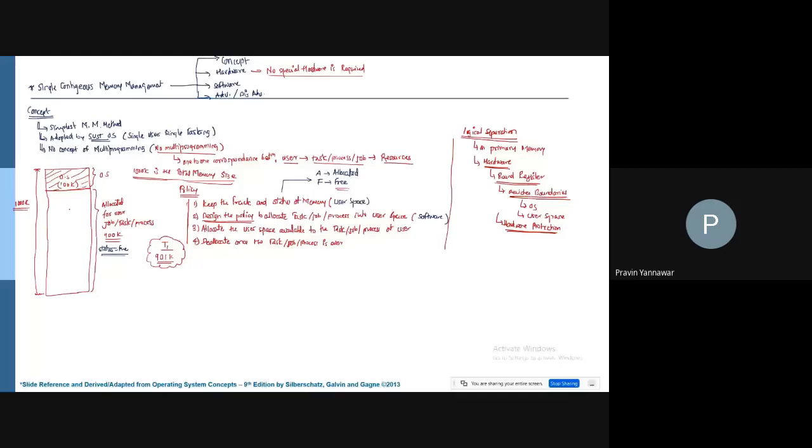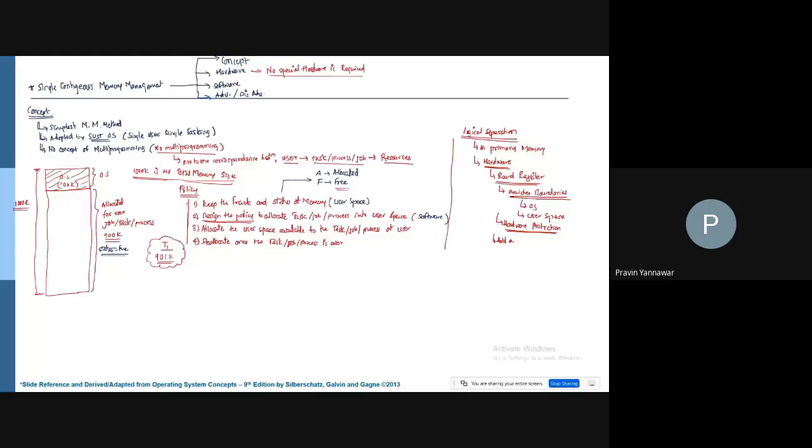To protect this OS, it should not be accessed by the user space, as well as OS should not access the user allocated space. So just to keep those two sections separate, we require a bound register. The logical separation bound register is used for this.